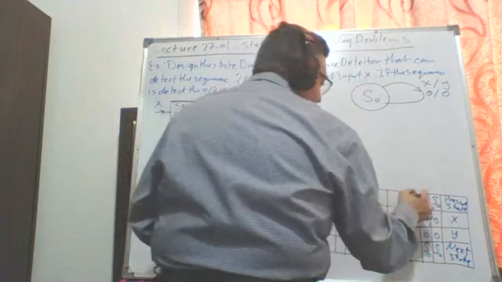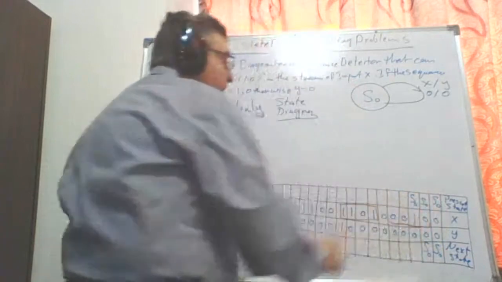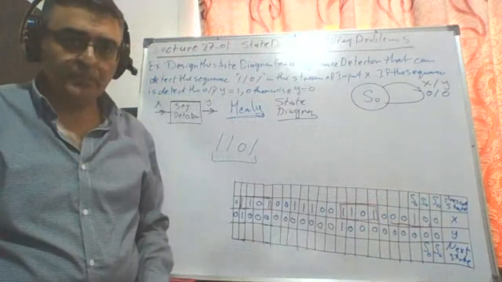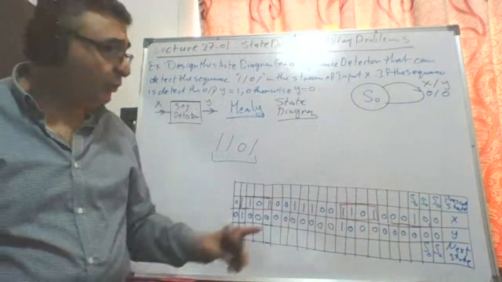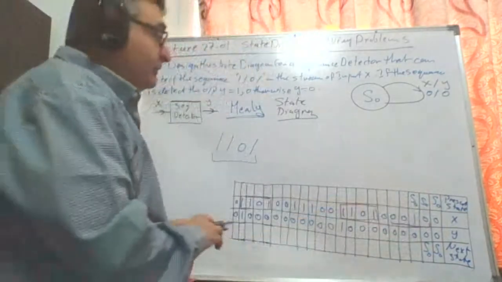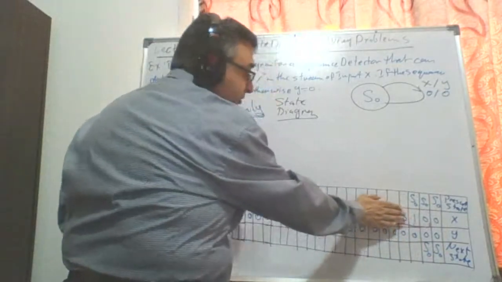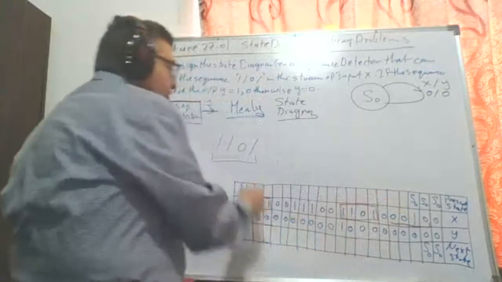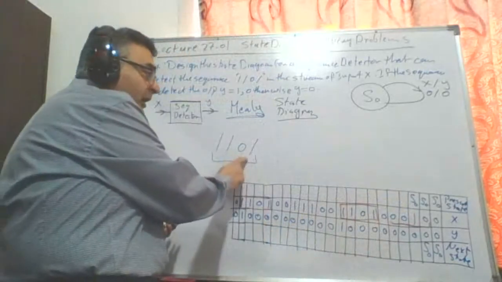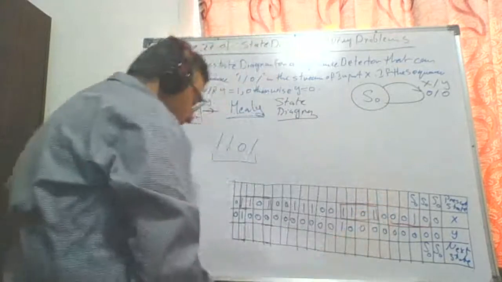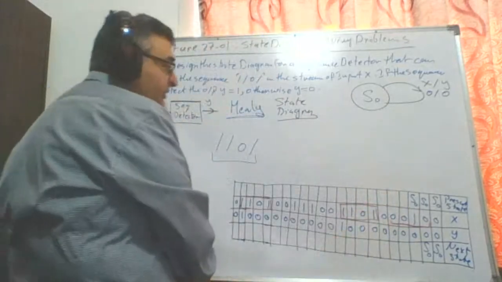Now I am in S0 and I received the first 1. Now I want to remember that I received the first 1. I have potential to get the sequence. If this sequence is continued and completed by 1, 0, 1, 1, that means I get my sequence.